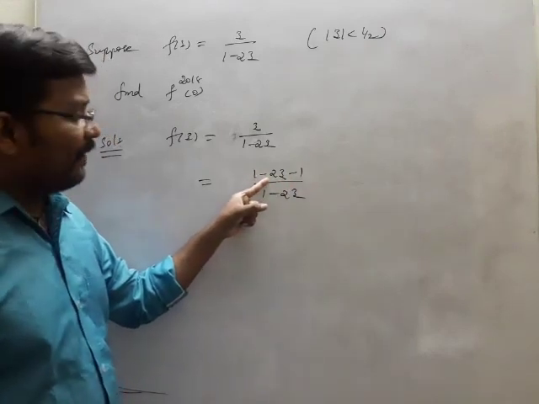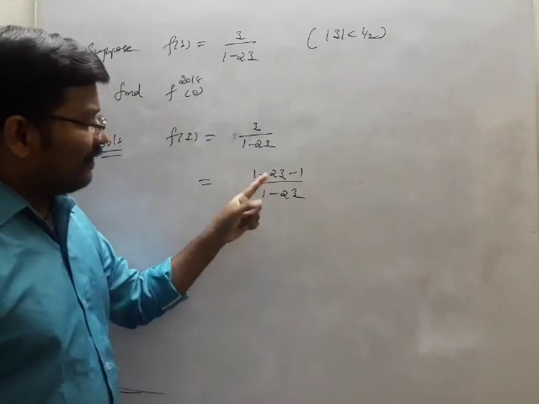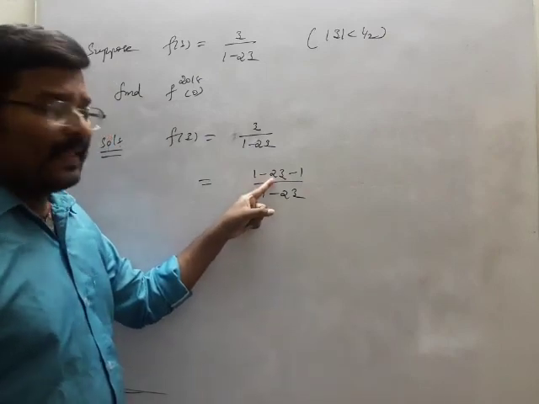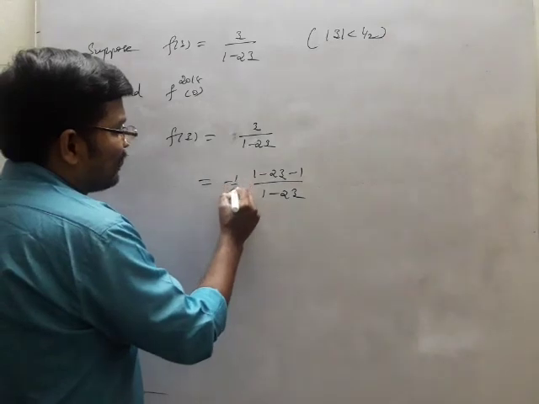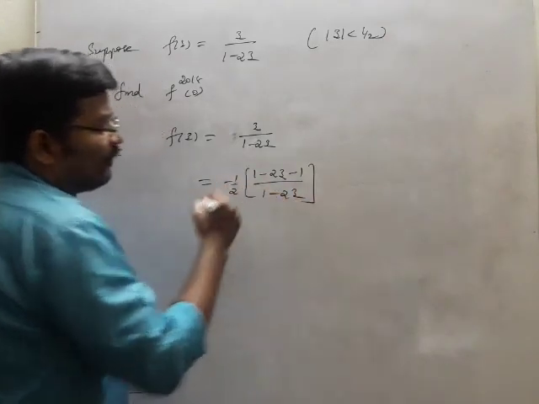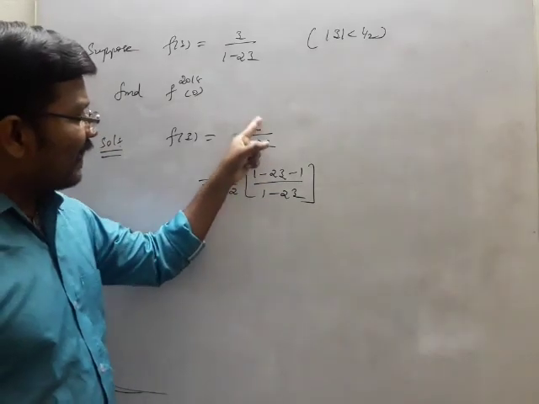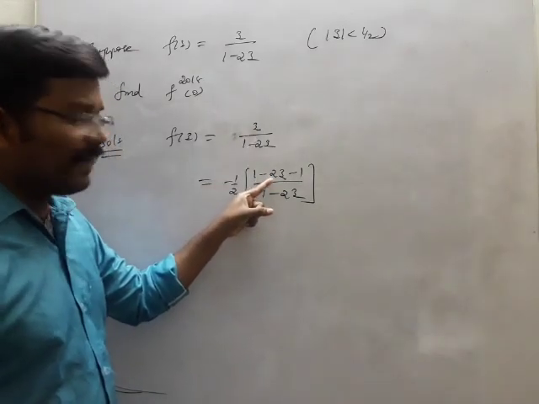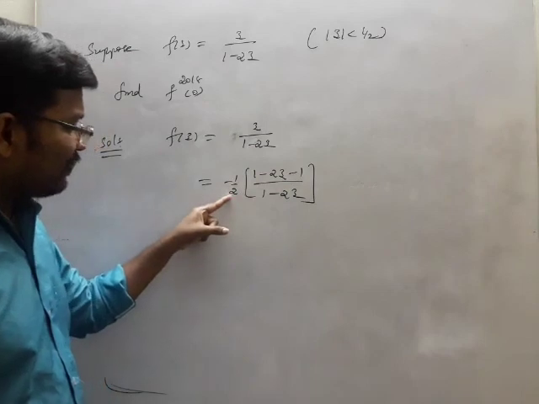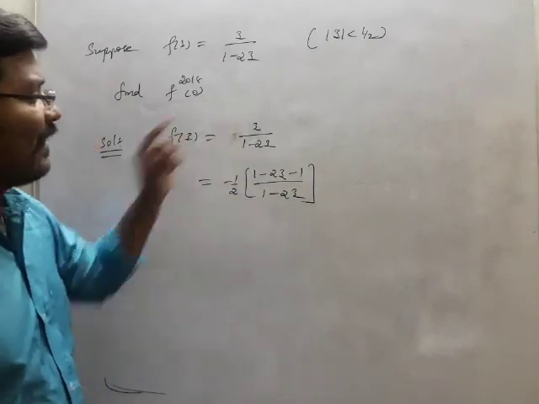I need to balance that equation, so I should divide by minus 2. So I may write minus 1 by 2 into this. Now you can understand 1 is added and 2 is taken, but it is minus, so the 2 gets cancelled.